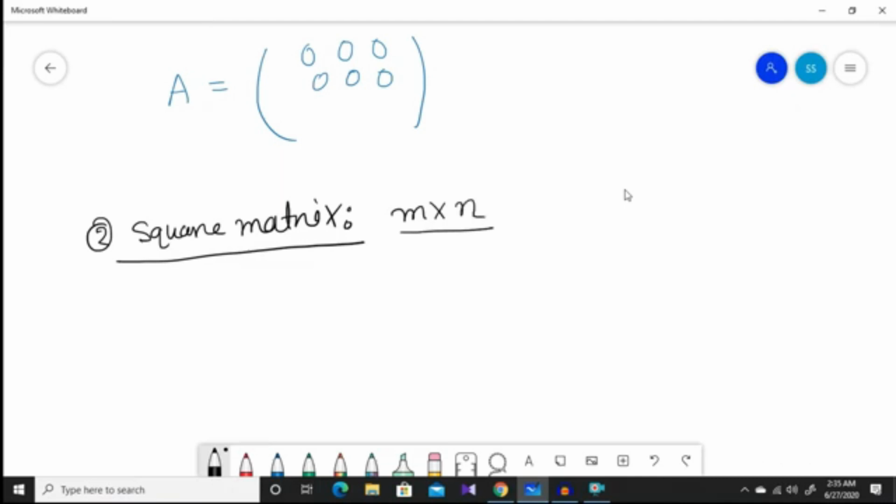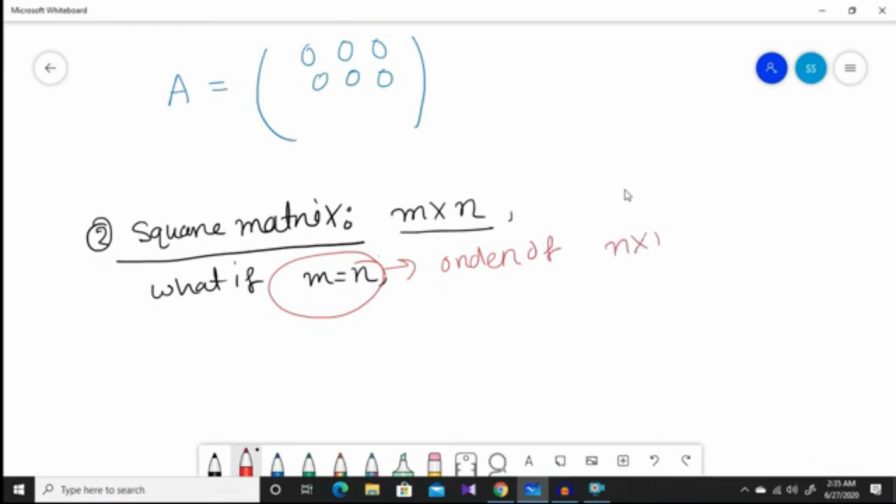But what if m equals n? If that's the case, this corresponds to order of n cross n, and these are the matrices we are calling square matrices.